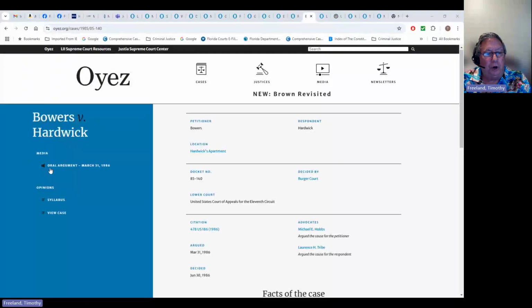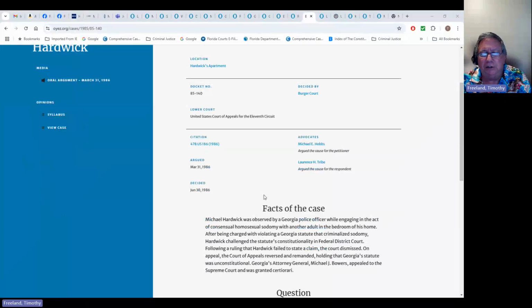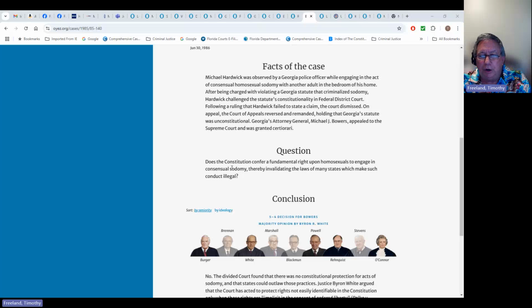This is Bowers versus Hardwick, decided in 1986, and this term here is the technical term for any unnatural sexual activity. The question is, does the Constitution confer a fundamental right upon homosexuals to engage in this kind of sexual behavior?